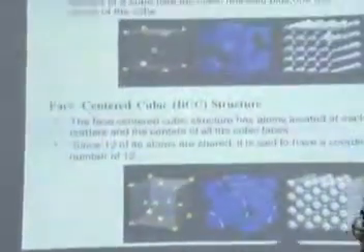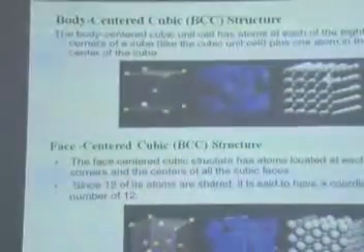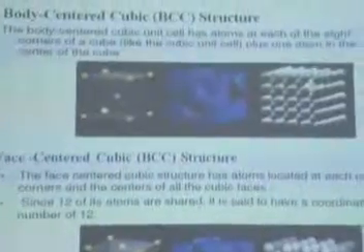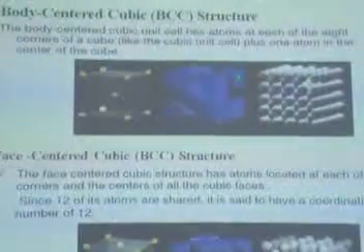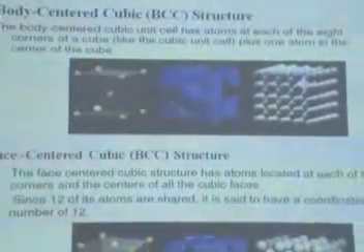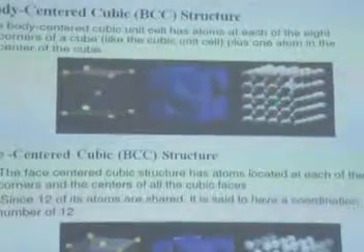One can see like here. For an example, in the body centered structure, one can see the sharing. This shows the corner atom is shared by the neighborhood. This is the arrangement.